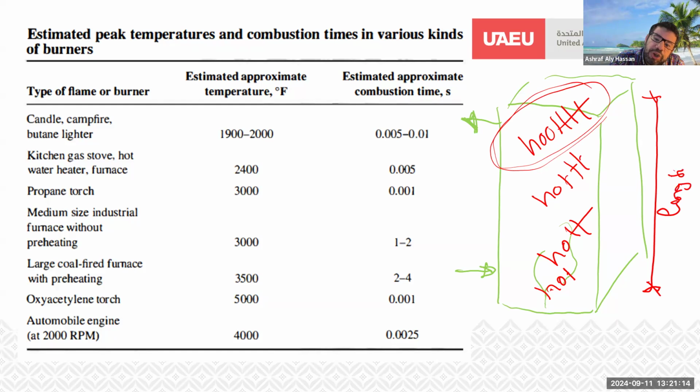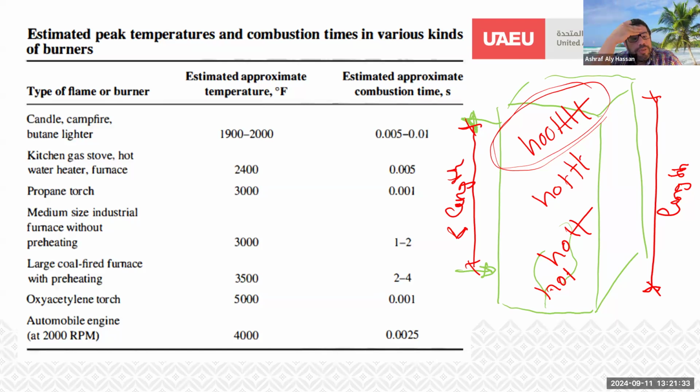It actually travels only from here to here, which is less than the length. So that also overstates the time it takes for combustion. So we actually do have a smaller time for combustion.